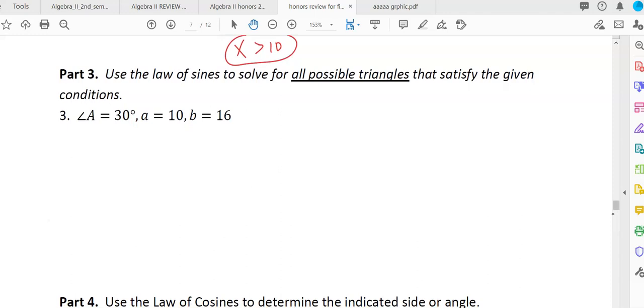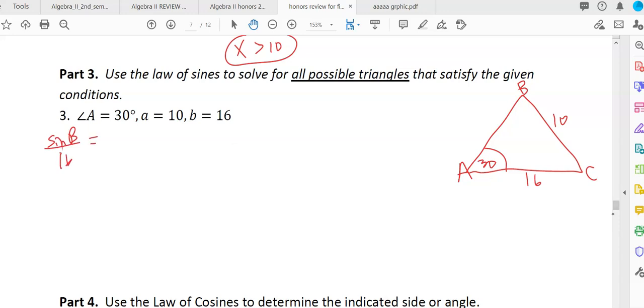Use law of sines to find all possible triangles. So let's kind of draw this out over here. Big A is 30, little a is 10, little b is 16. So I'm going to solve for B first. So sine of B over 16 equals sine of 30 over 10.